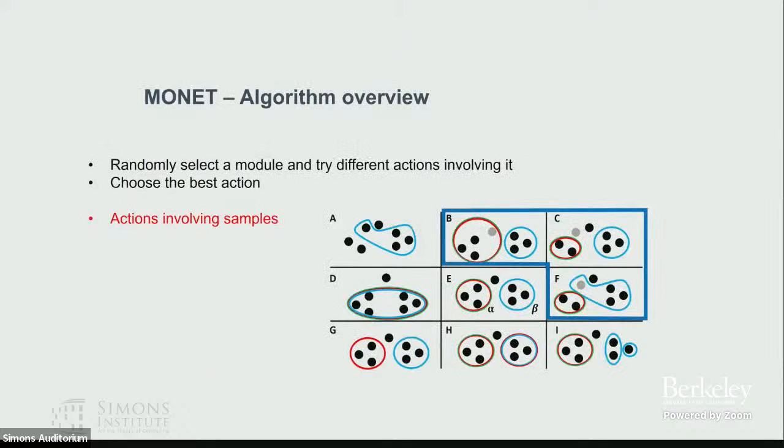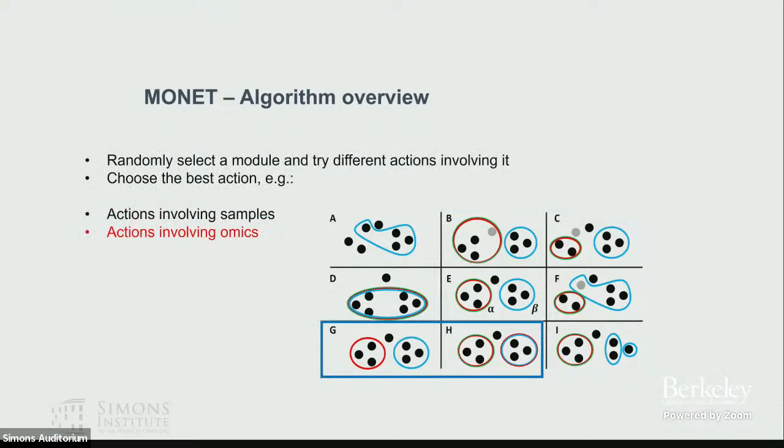So here's the approach. Suppose this is the solution in the center, the current solution. One thing we can do is add or remove patients from omics, or switch samples between modules.